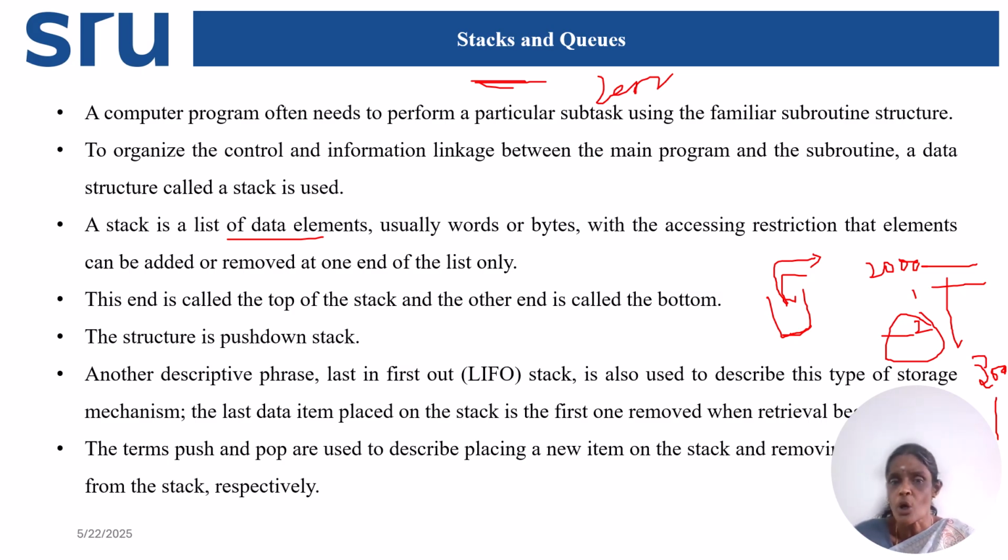This end is called the top of the stack and the other end is called the bottom. The bottom is closed. The structure is a push down stack, and another descriptive phrase is last in first out.